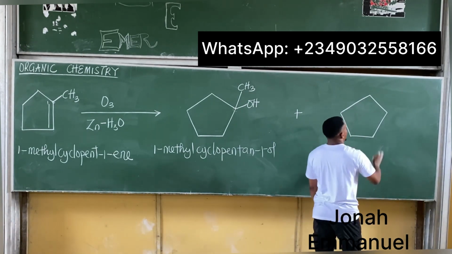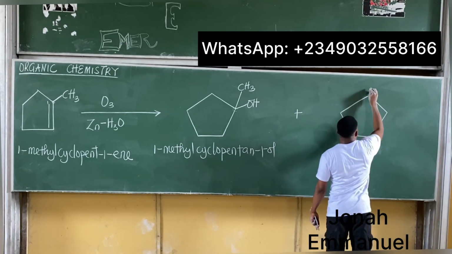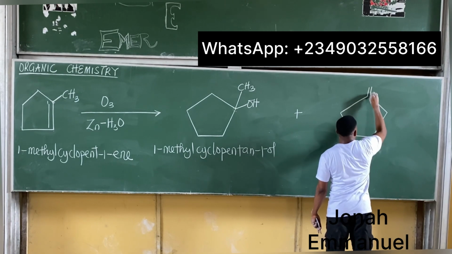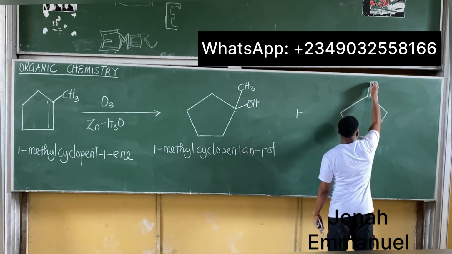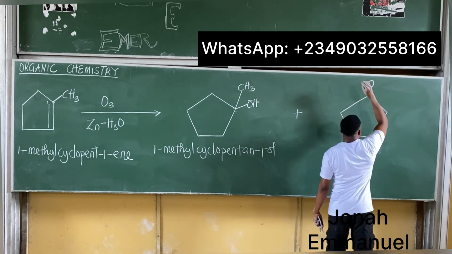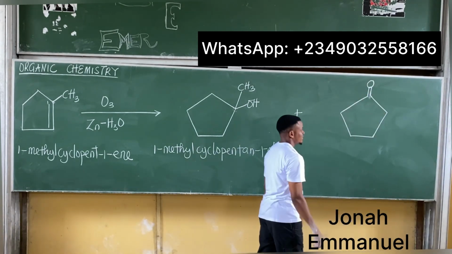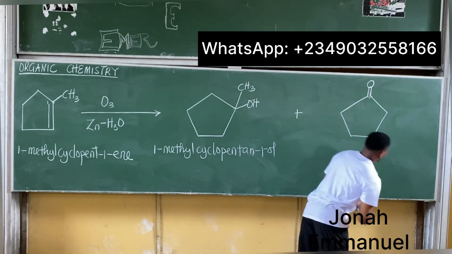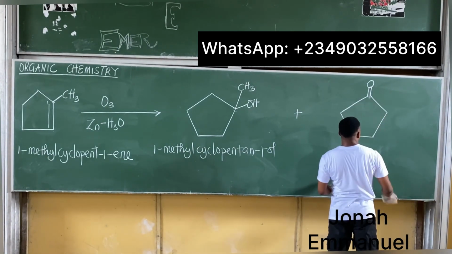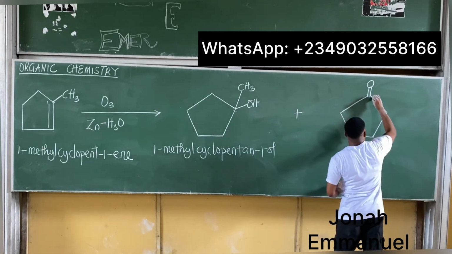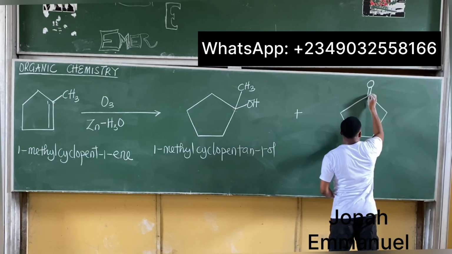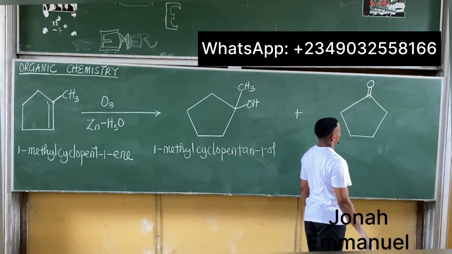To make this a cyclopentanone, I have to put this here, which is called an alkanone. So cyclopentanone is this. Some persons would rather complete the structure more like this.